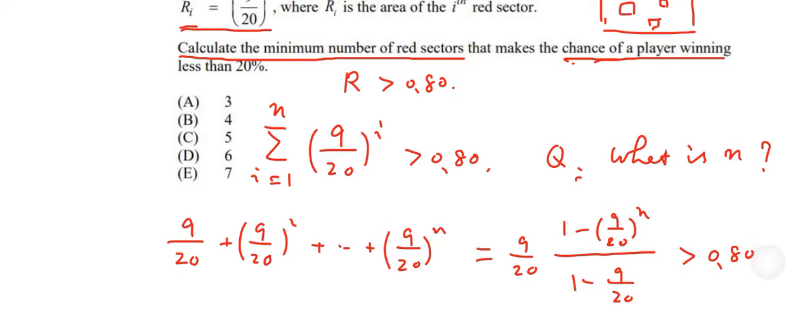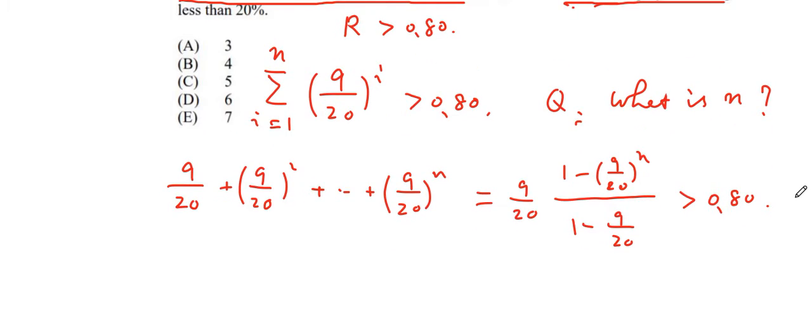So we just check this n. Simplify: this equals 20 minus 9, which is 11. So that equals 9/11 times this.